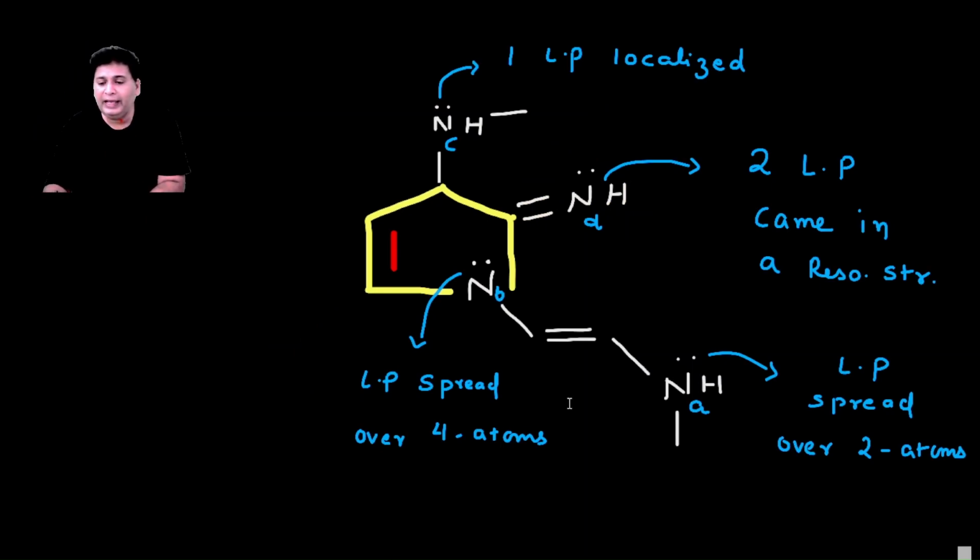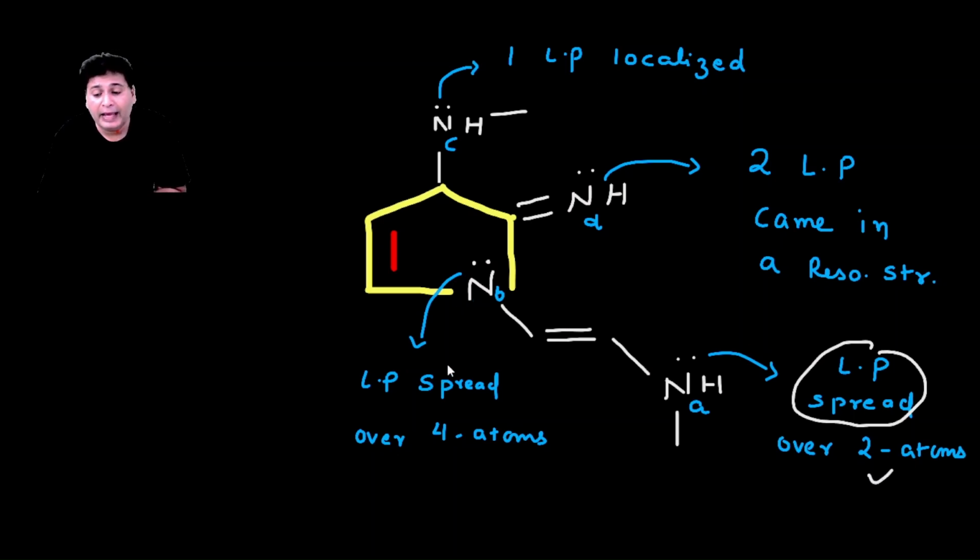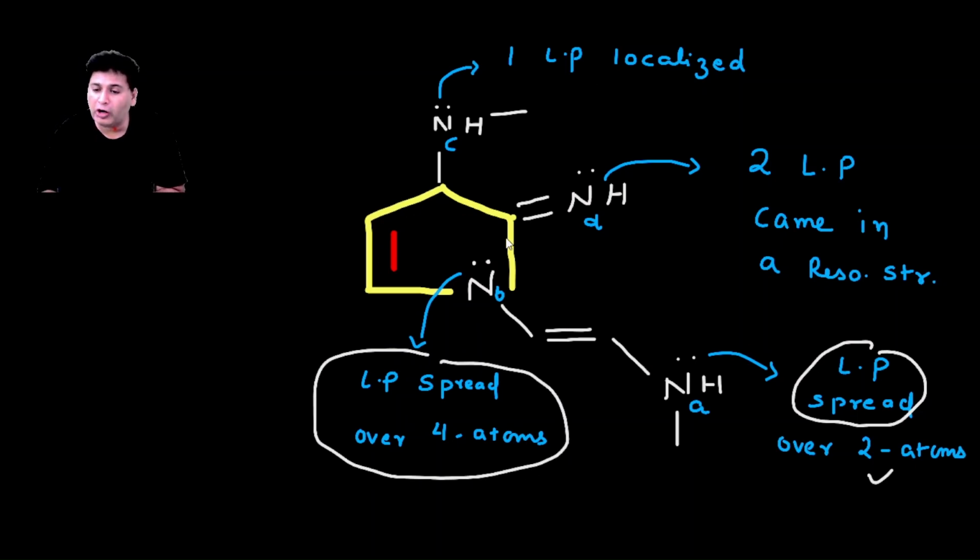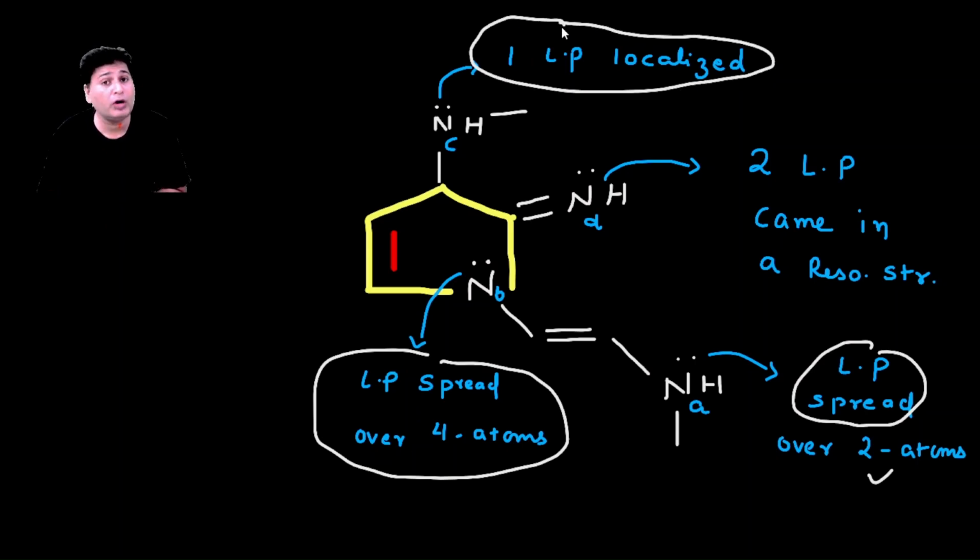As you can see, for the nitrogen number A, the lone pair because of conjugation is spread over two atoms. If we talk about the nitrogen number B, here the lone pair spreads over four atoms. If we talk about the nitrogen number C, here the lone pair remains localized in the absence of conjugation.